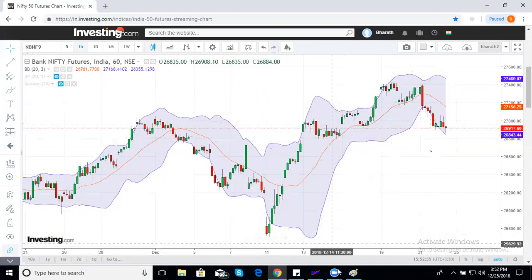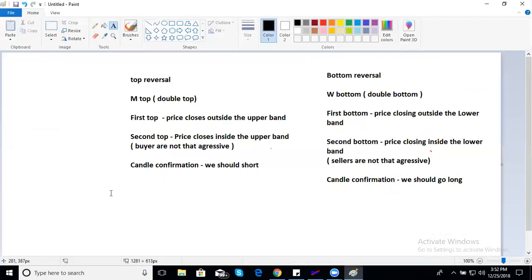that is called change of polarity. The middle band, which was acting as support in the bull market, in the bear market, the same middle band will start acting as resistance. All right.